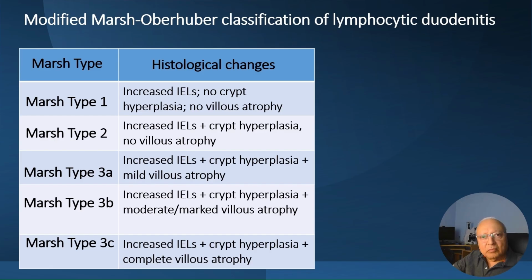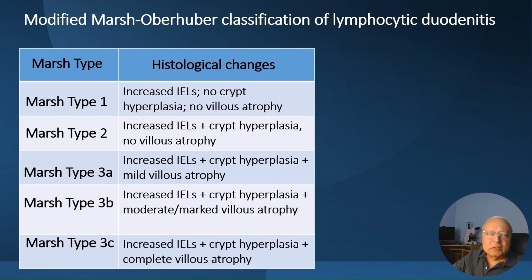The lower Marsh grades, type 1 and type 2, are where the villi are tall, but there is lymphocytic duodenitis with increased intraepithelial lymphocytes, with or without crypt proliferation. And from Marsh type 3 onwards, you have villus atrophy.